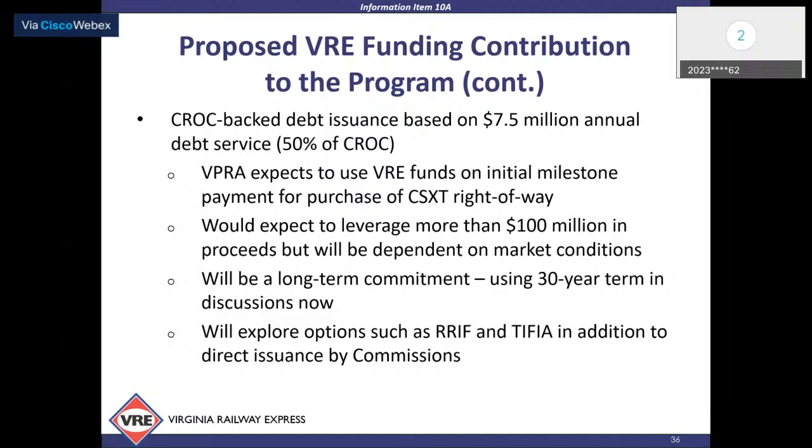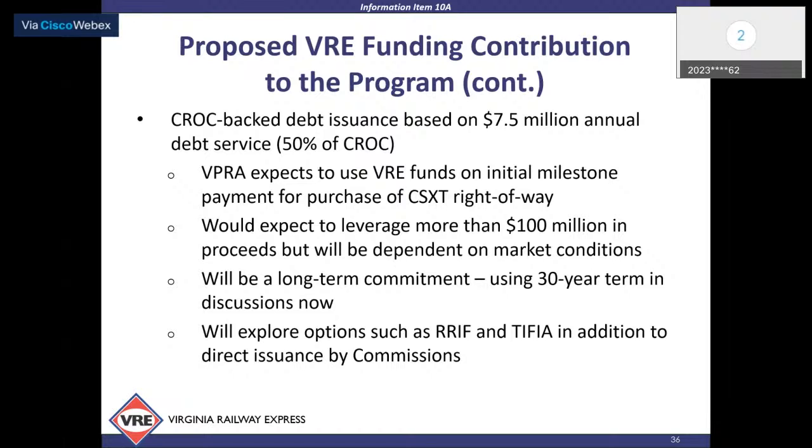You might think of it a little bit like how you buy a home. You know how much you can afford each month on your monthly mortgage payment, and then you can use that to look for houses that are within your price range. So we have committed then with the Commonwealth, subject to prudent fiscal management, that we will work to maximize the proceeds.